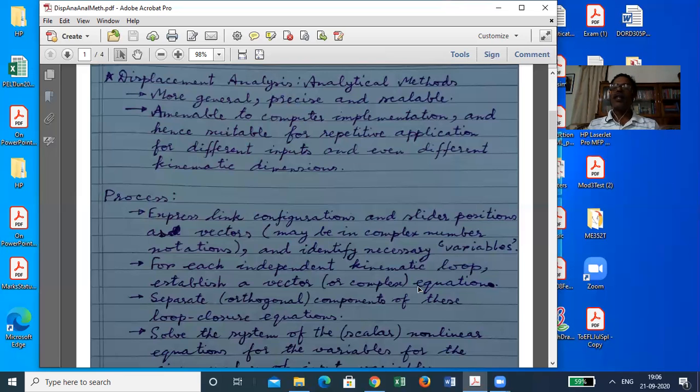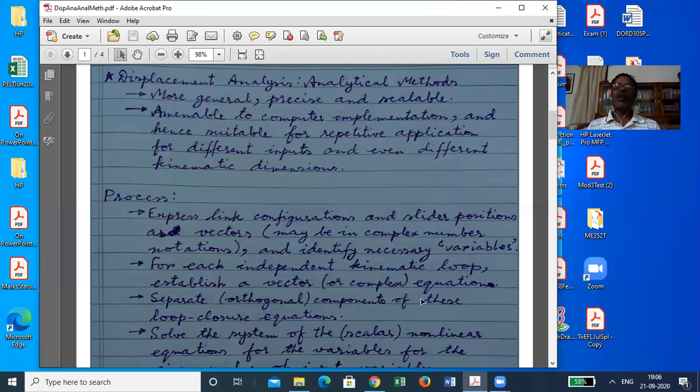The same thing equivalently, you can say that in the loop, if I can go from point P to point T through one pathway and through another pathway, then the sum of vectors giving vector PT through this half of the loop and through that half of the loop must be the same. Either you say like that or you say that come back and get 0. It's the same thing. So for each loop you write one such equation, which is a vector equation or equivalently a complex equation with complex quantities.